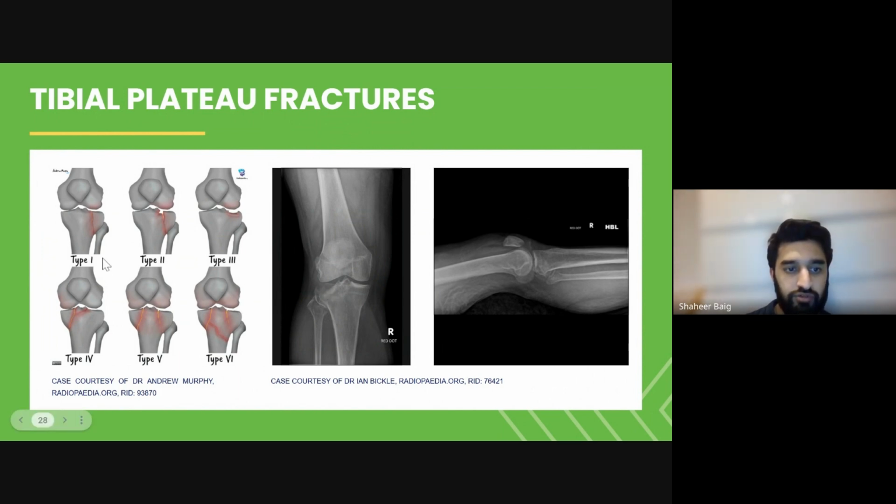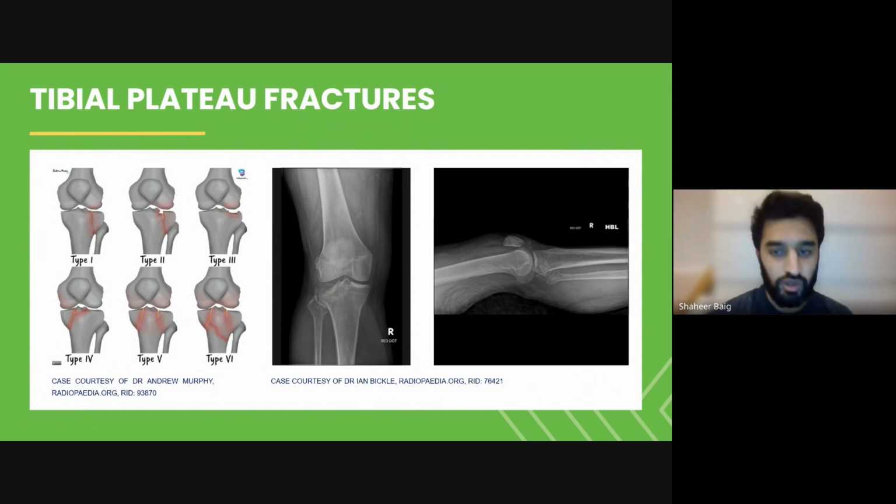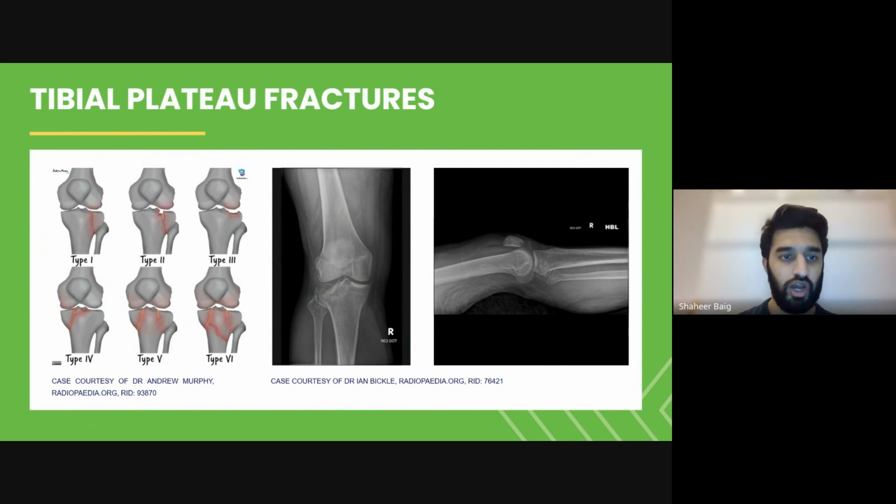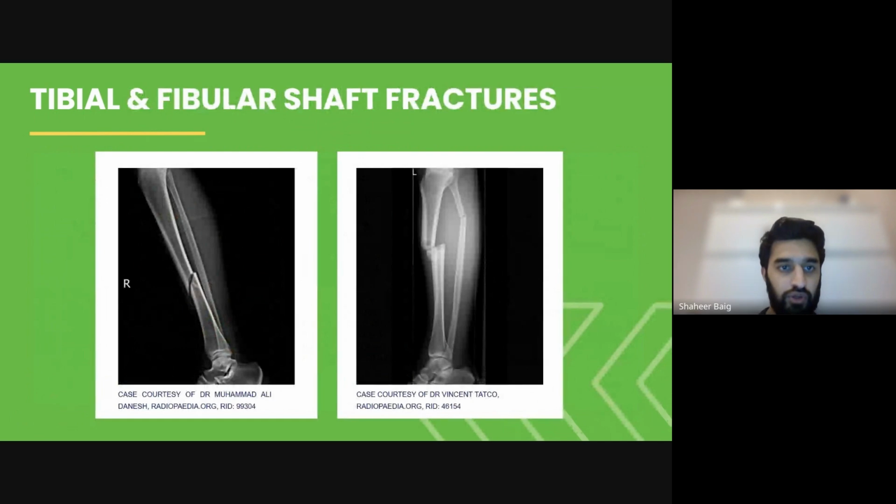We've got different fracture patterns which are described in the literature, and they correlate with the mechanism of injury as well as the surgical management which follows. I won't go too much into detail in terms of the different fracture patterns.